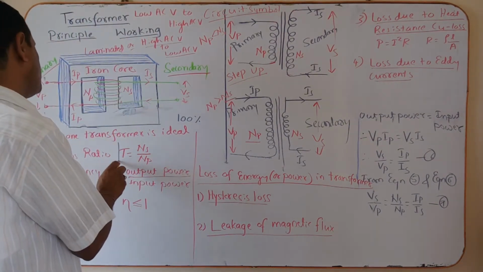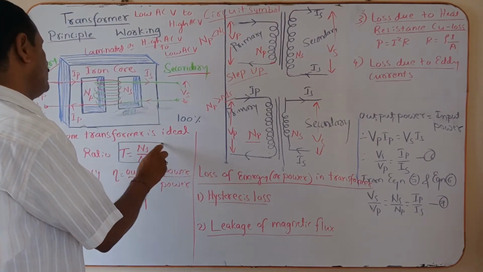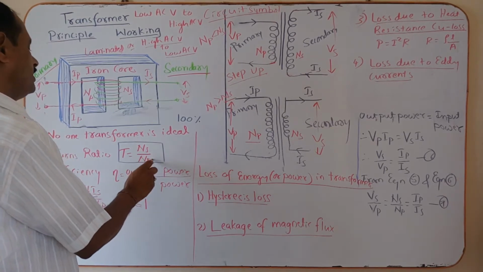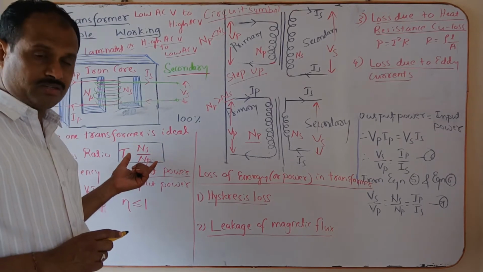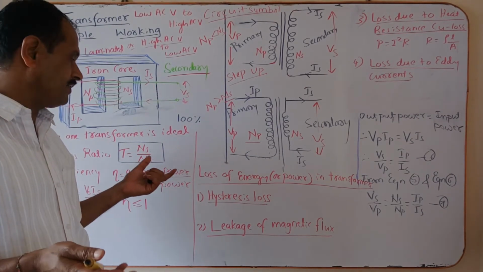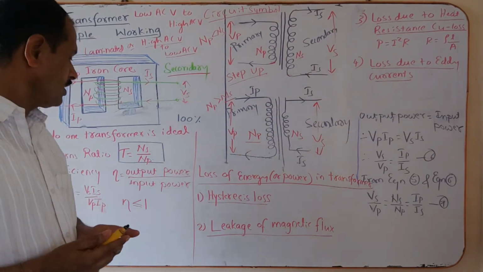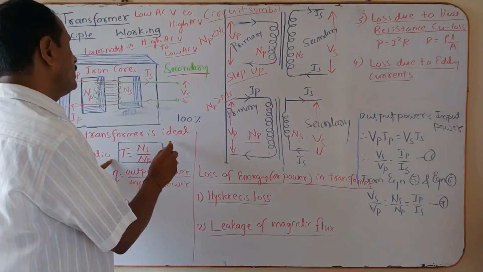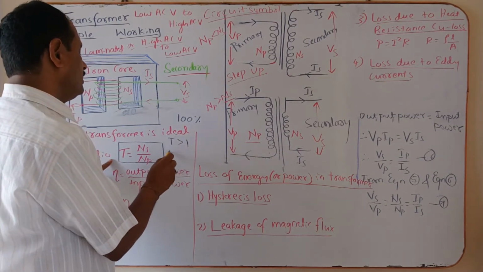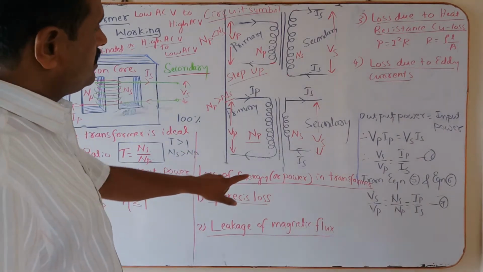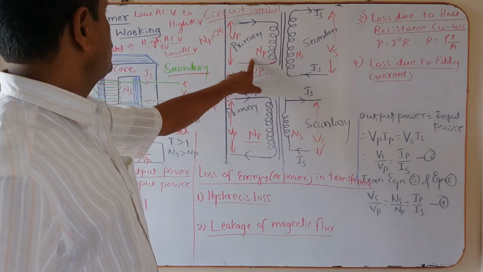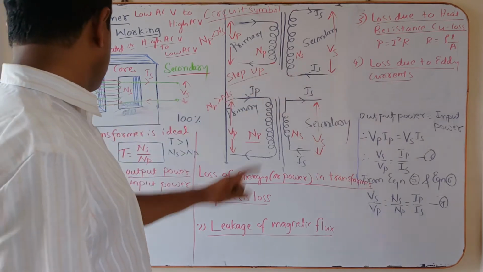Turns ratio is nothing but the ratio of the number of turns in the secondary to the number of turns in the primary. This is called the turns ratio. Each and every transformer has a turns ratio. If T is greater than 1, then Ns is greater than Np, which means a step-up transformer.